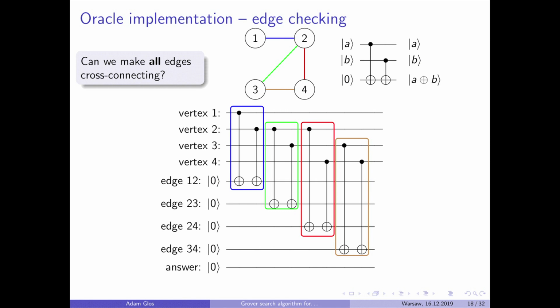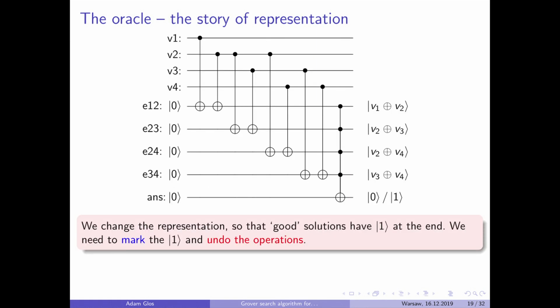So let's start with a simpler question, whether we can find a coloring such that every edge connects vertices with different colors. We have just simplified our problem. We are applying our edge checking. These are those first XOR gates.